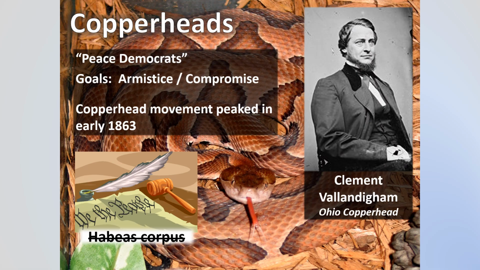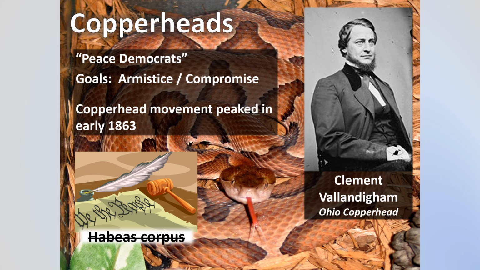Immigrants. In the North, there were people that were totally against the war, and they were called Copperheads. They were for peace. They wanted Lincoln to negotiate with the South and let it go.